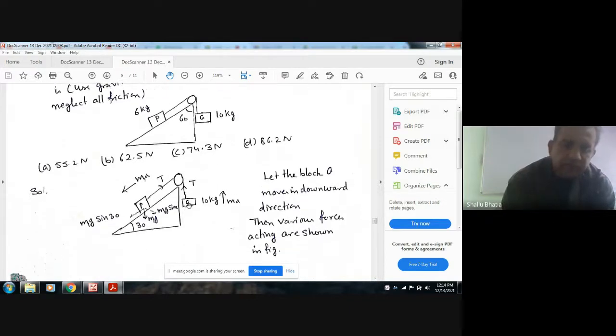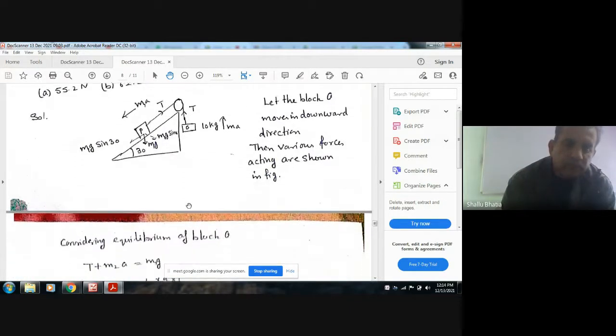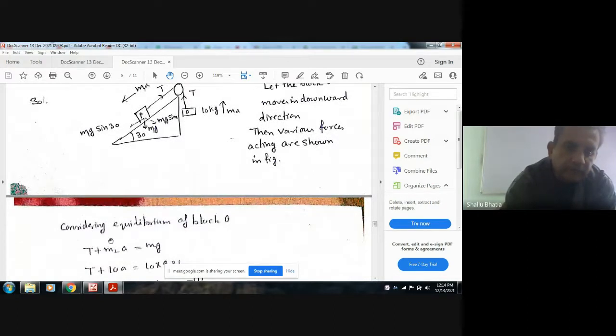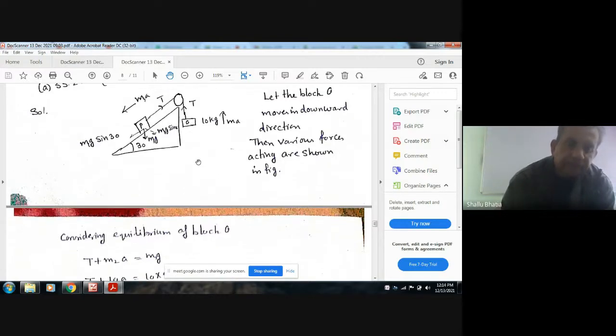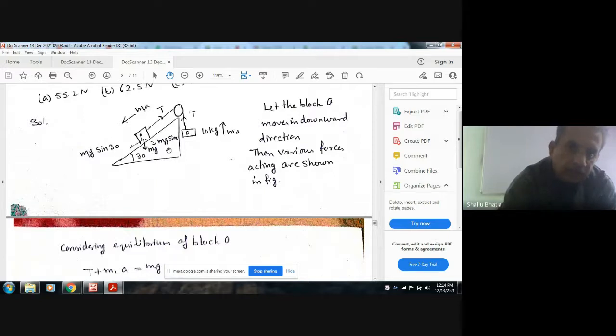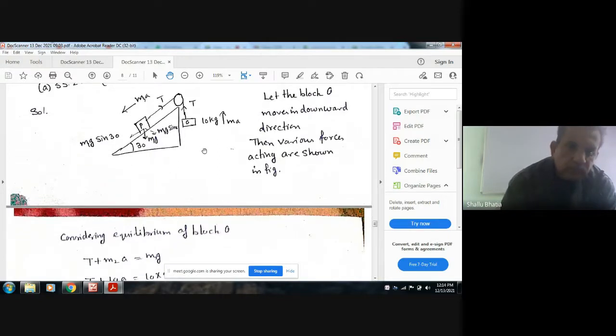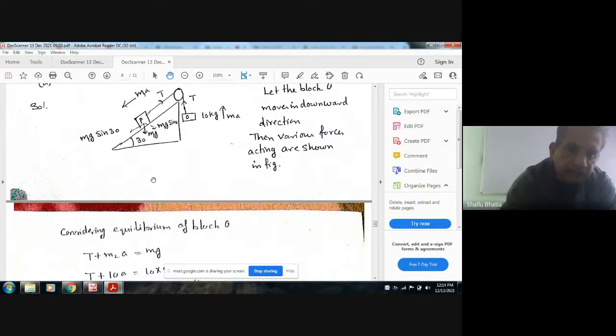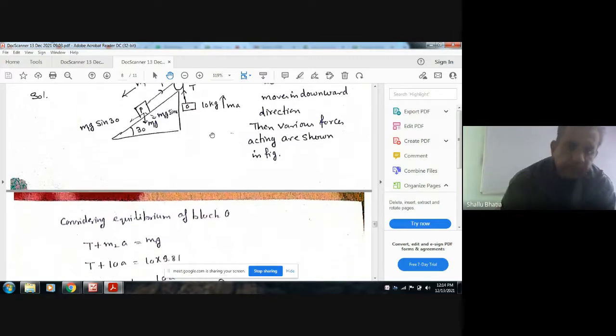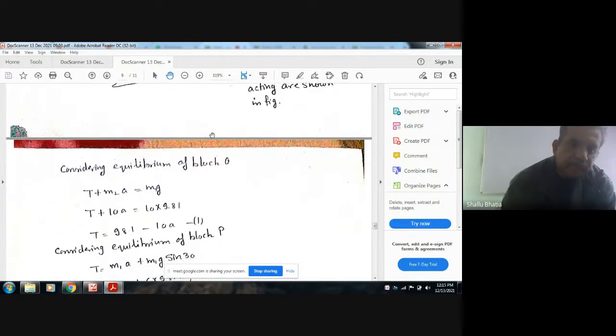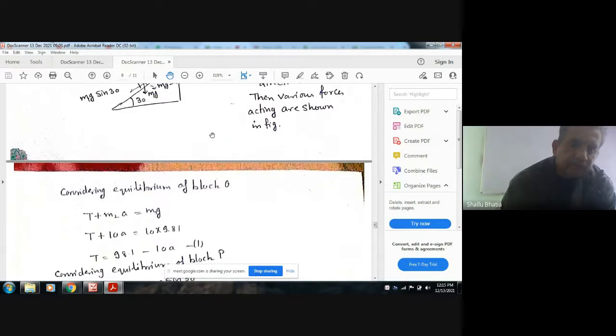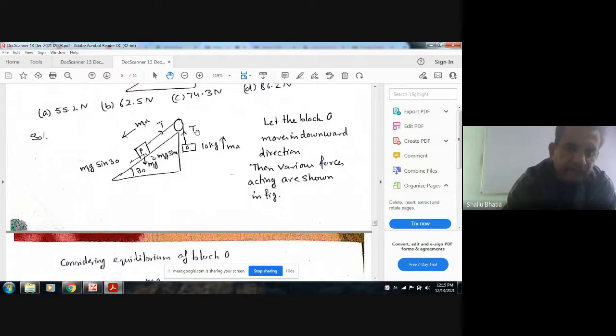Considering the equilibrium of block Q, T plus m2a is equal to m2g, where m2 is 10 kg. Putting the value of m2, we get tension in the string as 98.1 minus 10a.